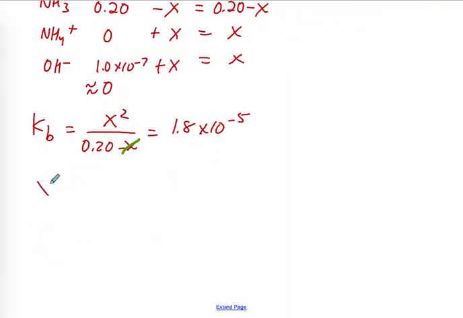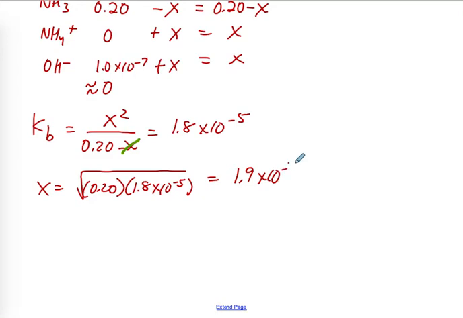And from that, I solve x equals the square root of the initial concentration of ammonia times Kb, which is equal to 1.9 times 10 to the negative third molar, is equal to my concentration of hydroxide and of the ammonium cation, the conjugate acid.